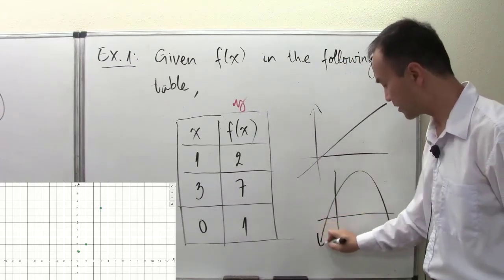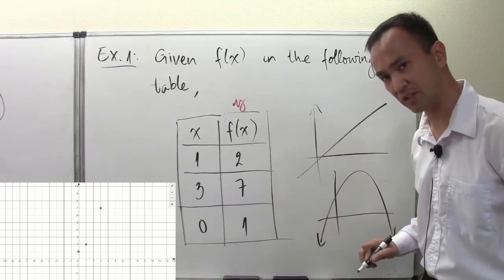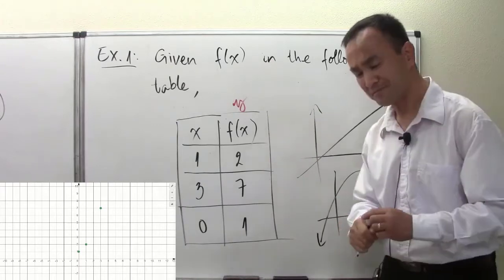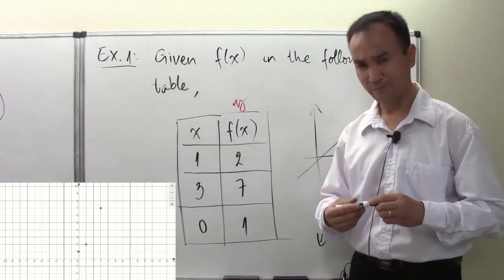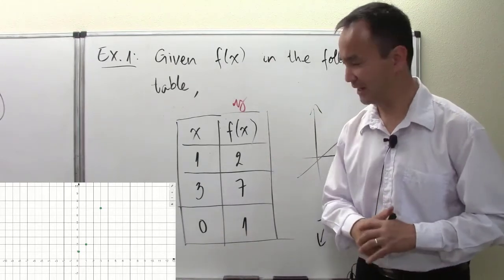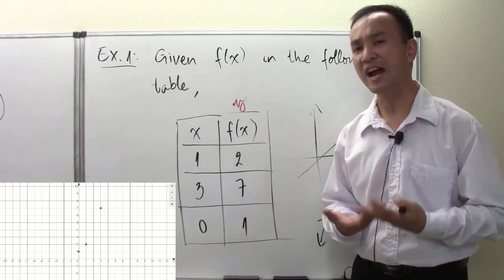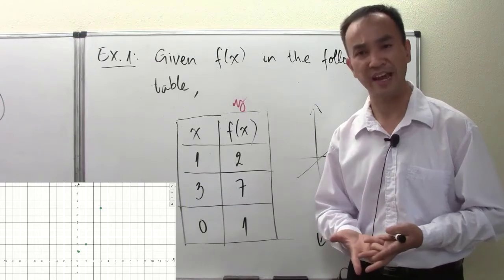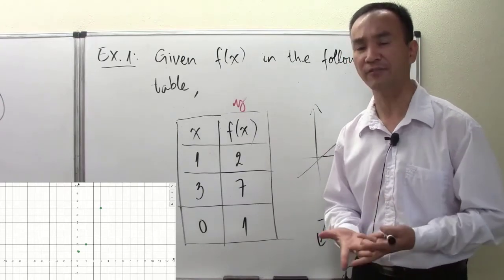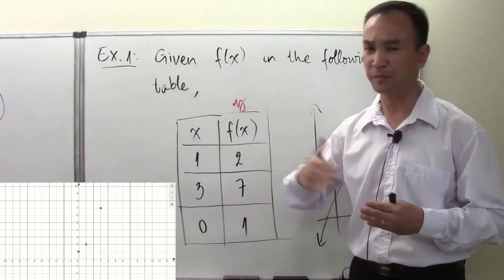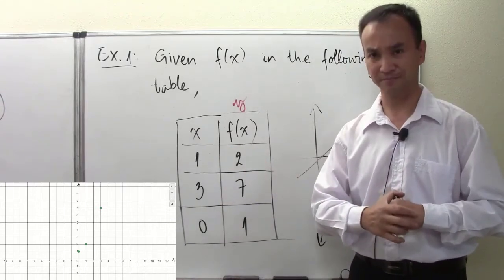That's the reason I want to take you to example number 2. But before I step into example 2, you must have heard of terms like linear functions, the graph of an absolute value function, and the graph of a quadratic function. There are so many terms you have learned in your past courses.